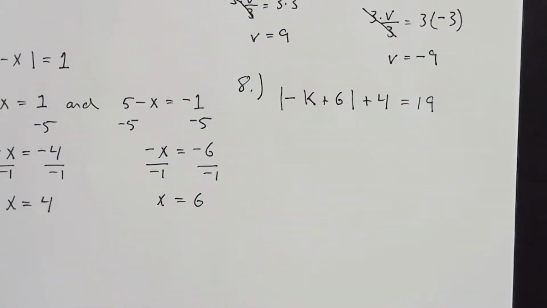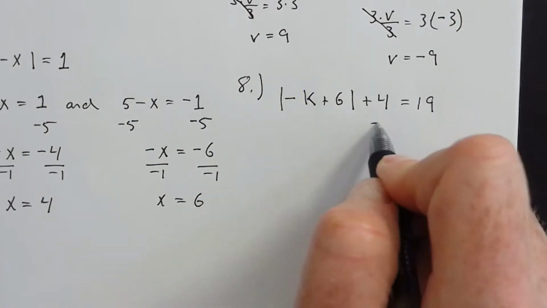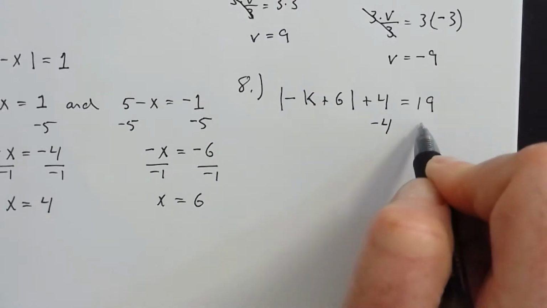The absolute value of minus k plus 6 plus 4 is equal to 19. We're going to isolate the absolute value bars on one side. The first thing we're going to do is subtract 4 from both sides.